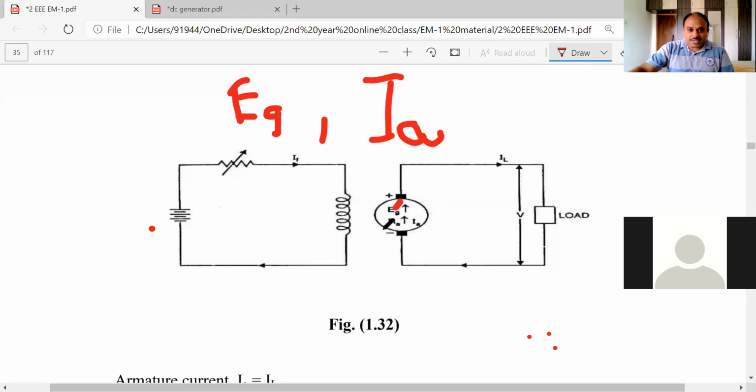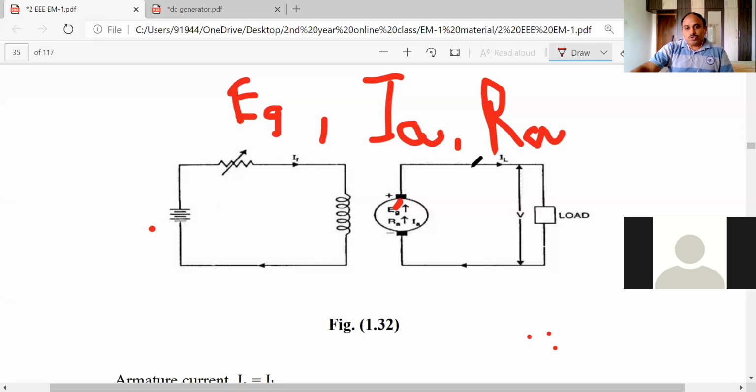RA is the armature resistance. The armature is nothing but a coil or winding, and the coil has some resistance, which is represented with RA. So these are the parameters of the armature circuit: armature current, armature resistance, and generated EMF.